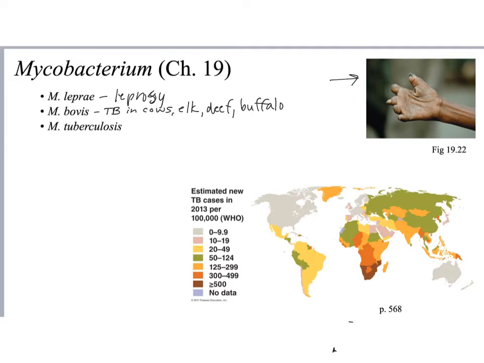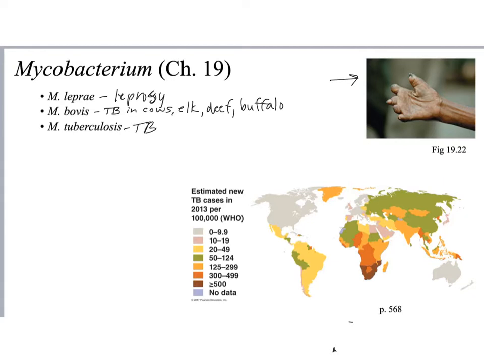So if we, for instance, drink unpasteurized cow milk, then we can get Mycobacterium bovis. It's usually a little bit milder tuberculosis in humans when we get it that way. But again, this is still common in developed countries where they don't pasteurize their milk. All right, but we're going to spend the most time here on Mycobacterium tuberculosis.